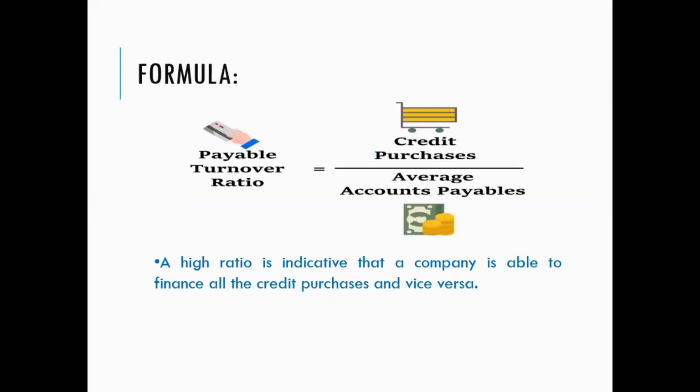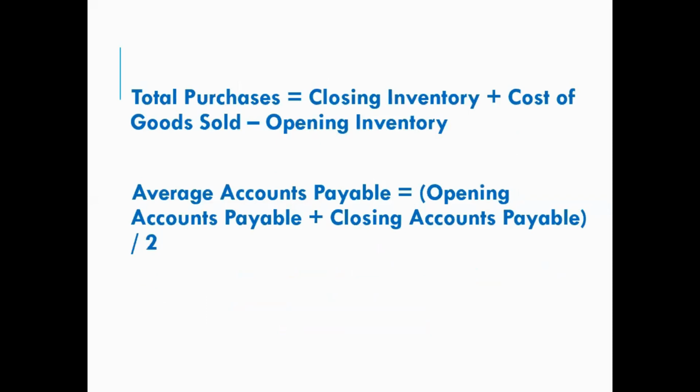Account payable turnover ratio formula is credit purchase by average account payable. A high ratio indicates that the company is able to finance all its credit purchases, or vice versa. Total purchase equals closing inventory plus cost of goods sold minus opening inventory.